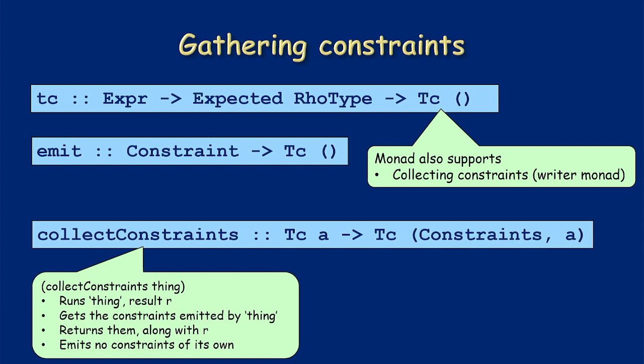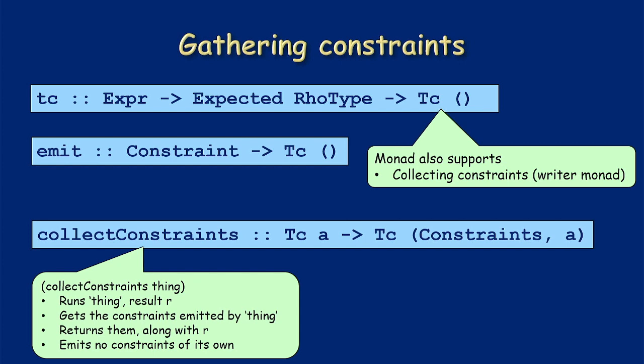What does it mean to stick it into the monad? Imagine that the monad is carrying a bucket of constraints, and we're just collecting them all. Then collect constraints takes a computation that generates constraints, gathers up all the constraints generated by this computation, and returns them paired up with the value returned by the computation.